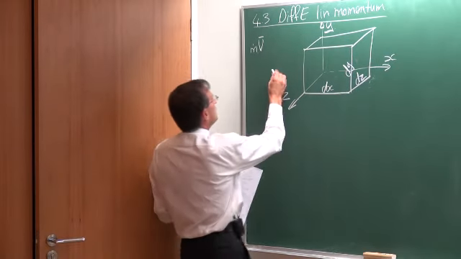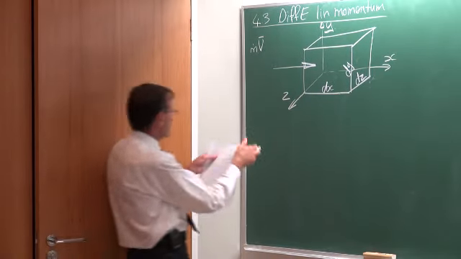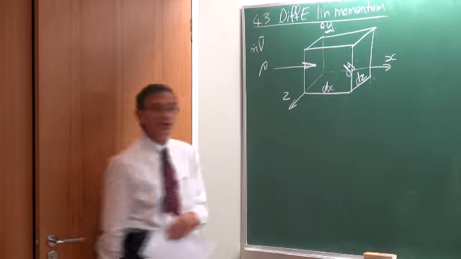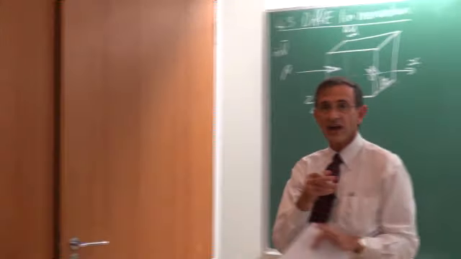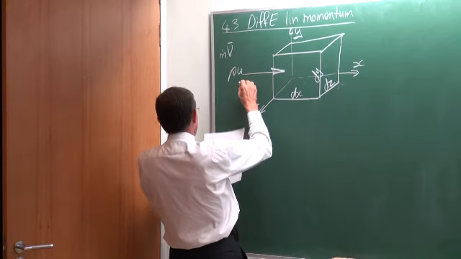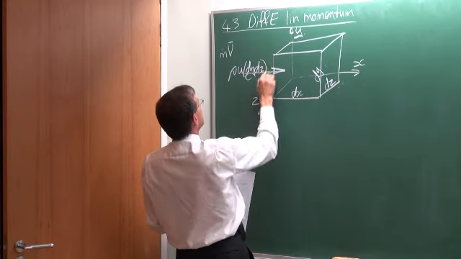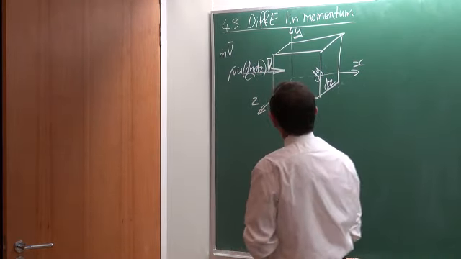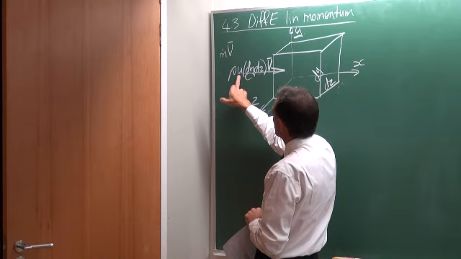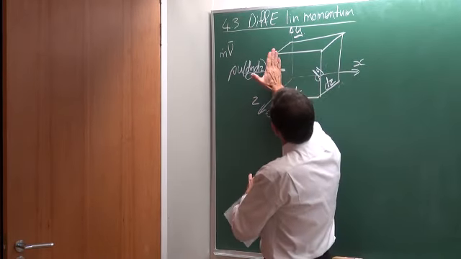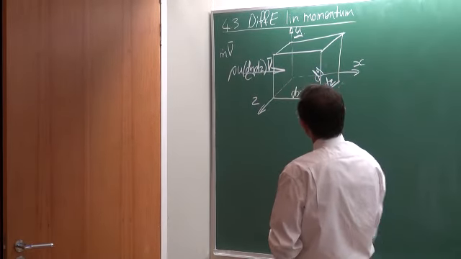So if we now look at the momentum entering that phase, then the mass flow rate we can write as the density multiplied by the velocity in the x direction, which would be u, and it will enter into the phase dy dz, multiplied by the velocity vector.